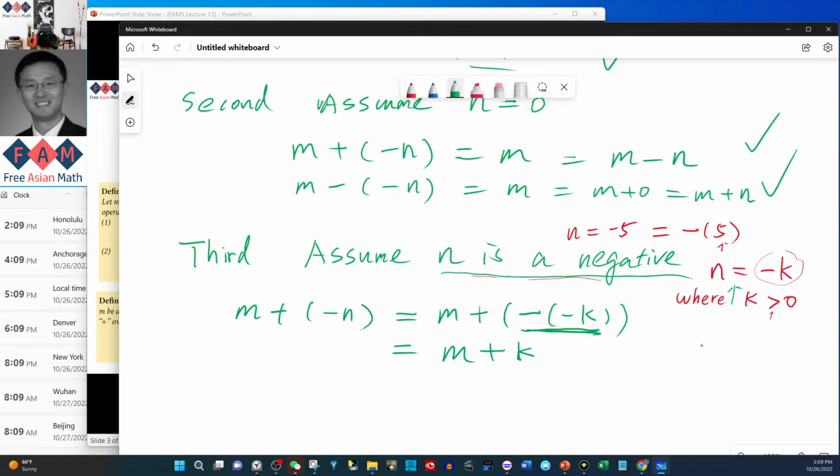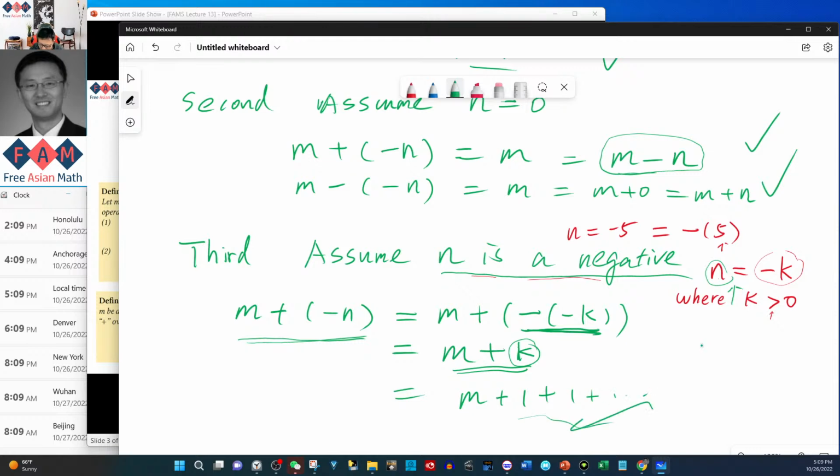Remember, we are trying to do this. Okay? So, k is just the negation of n. On this number line, we will see that m plus k is just m plus 1 plus 1 plus 1, k times.